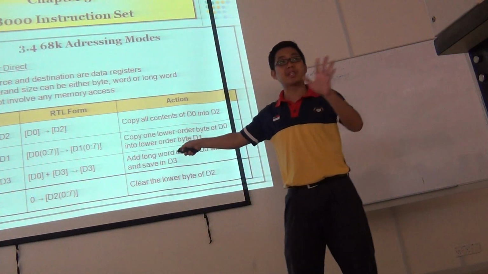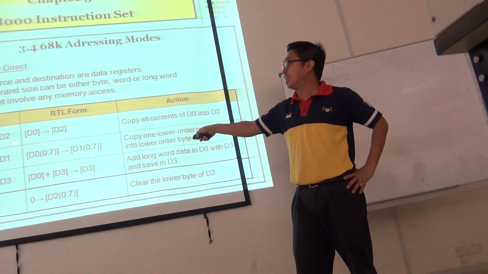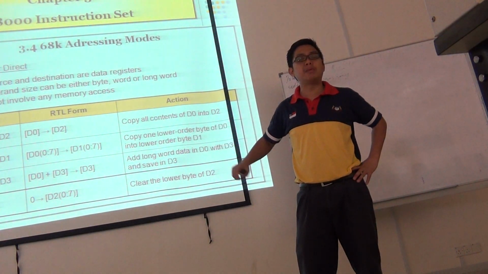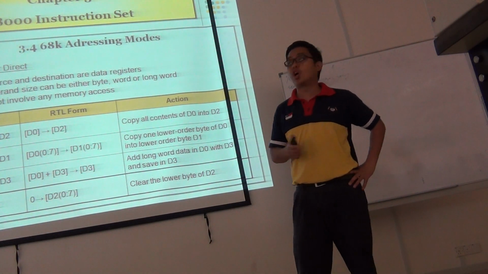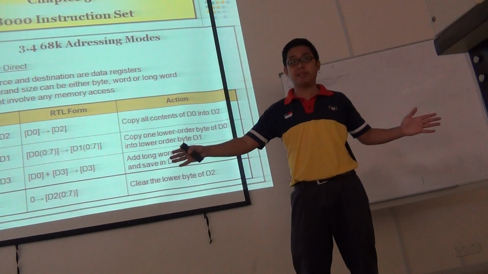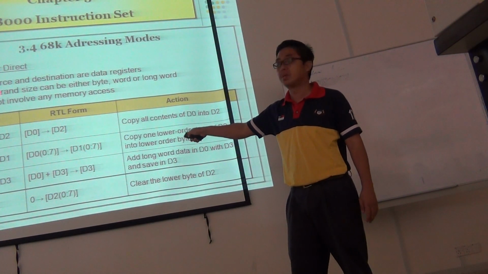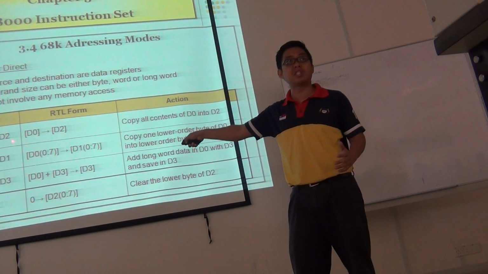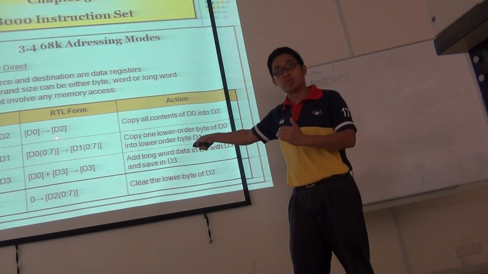So the first command example, move.long D0 to D2. What does it mean, long is how many bits? 32. Long is 32 bits. So you are going to move the whole 32 bits from D0 to D2. This is the short form. Whatever the contents of D0 is going to be transferred or copied to D2.